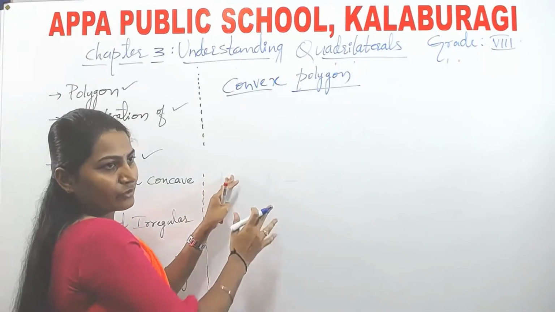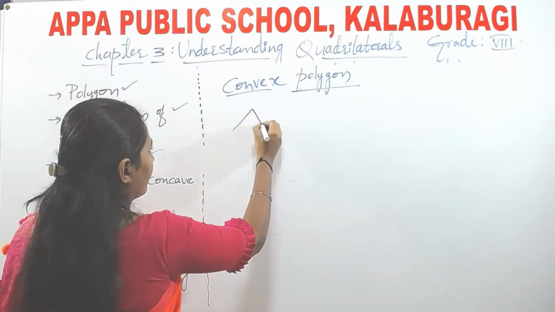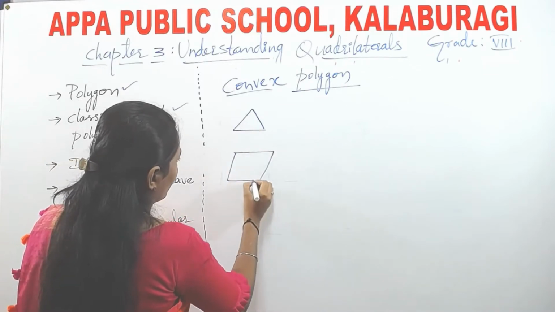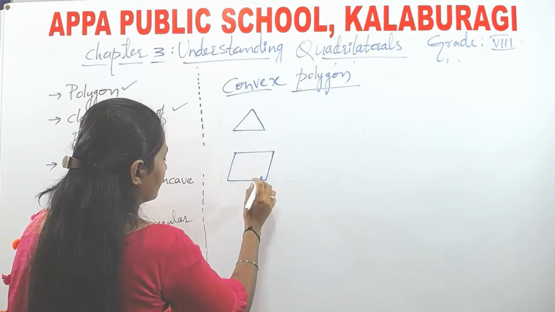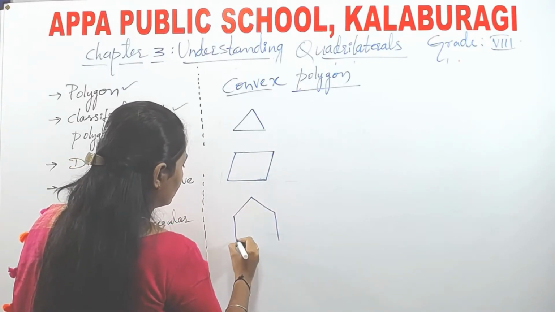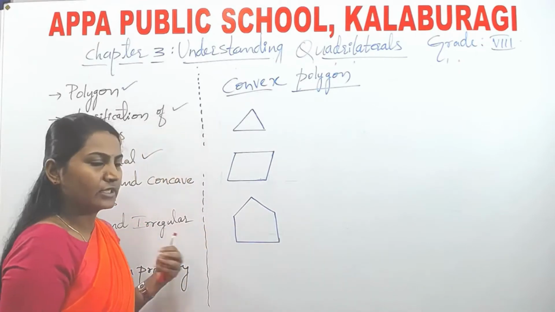Till now, we have drawn several polygons. A triangle was a polygon, a quadrilateral was a polygon, a pentagon was a polygon. Yes, children, we have already seen this.